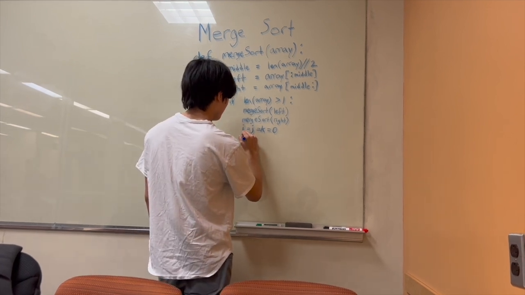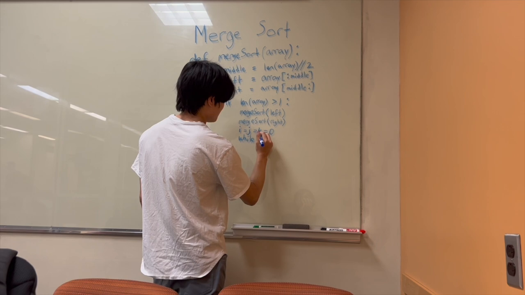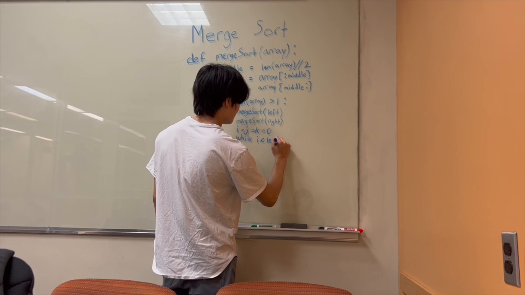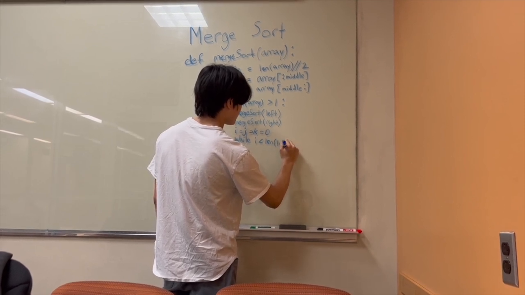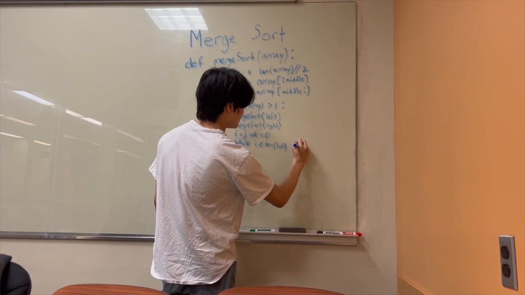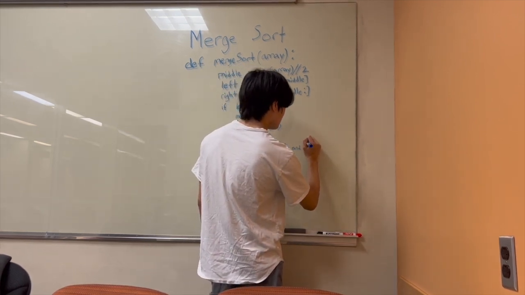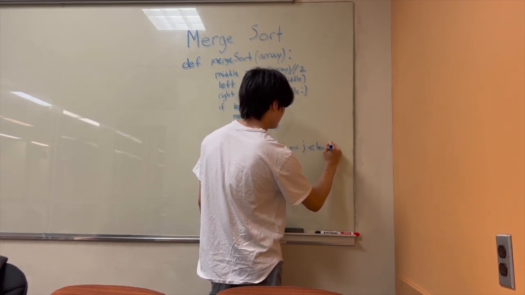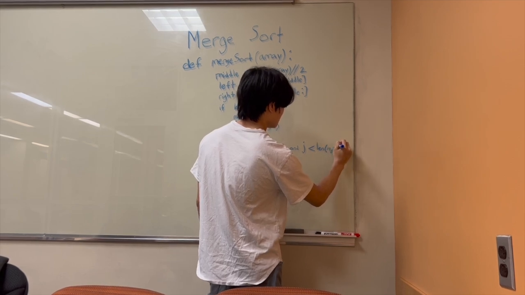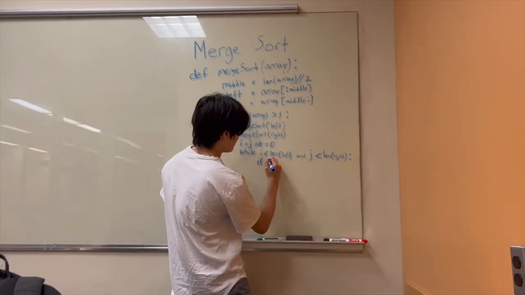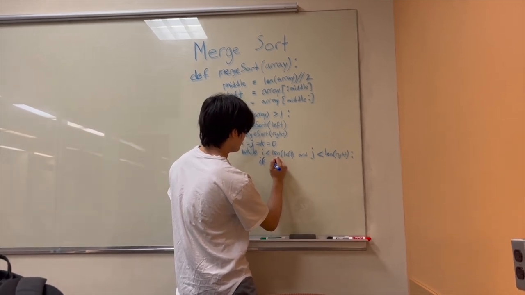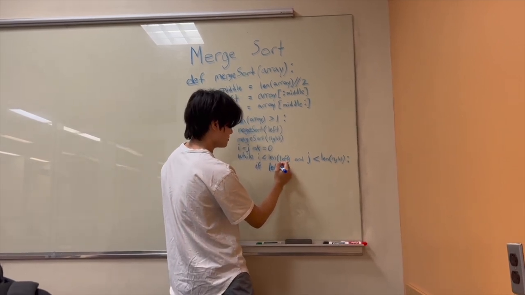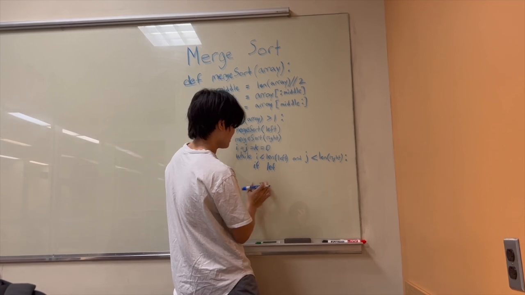And so our while loop will be while i is less than length of left and j is less than length of right. If the current value in the left side is less than the right side, then you just add the value from the left into the sorted array.